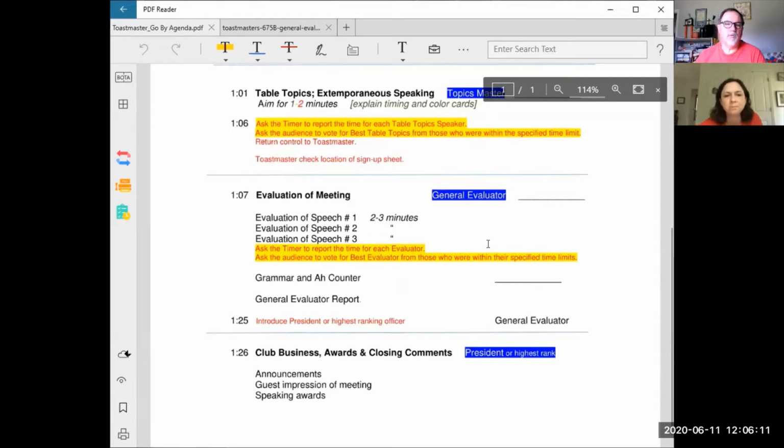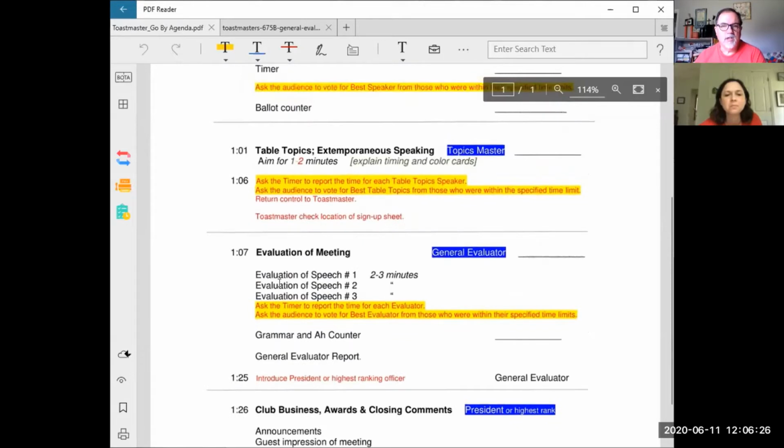Then you ask for the AHA grammarian report, and then you give your report as a general evaluator. And when you're finished, you pass it over to the highest ranking officer of the club. That's the format of how you would actually do the general evaluator.